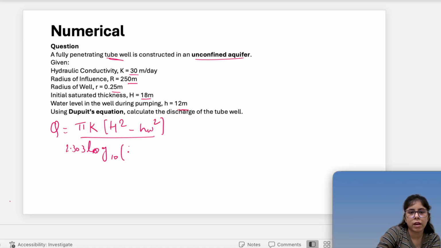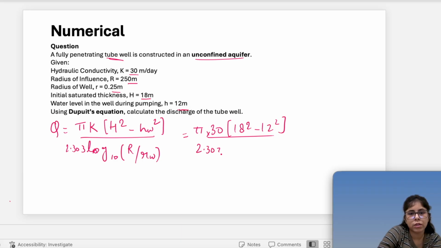So pi we know, and k is given as 30 meter per day, into H square is 18 square minus hw is 12 square, upon 2.303 log 10 of R, the radius of influence, which is 250 meter, divided by the radius of well, which is 0.25 meter.